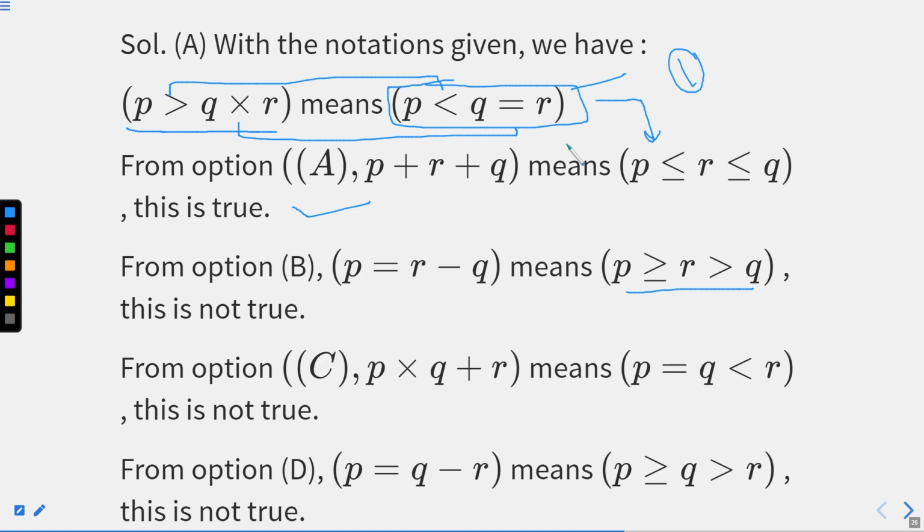Similarly, in option C, what we are getting is P is equals to Q less than R. And if you say that here Q is equals to R is given, this equation needs to be satisfied, but it is not satisfying. So expression C is also not satisfying equation number 1. Similarly, in case of option D as well, because we have Q is equals to R, but here Q is not equals to R, right?